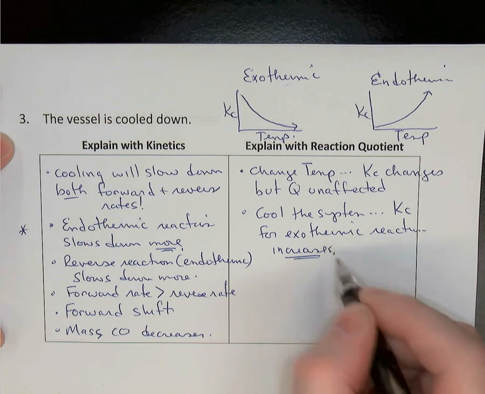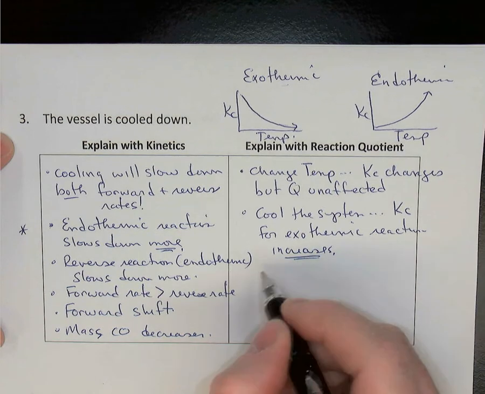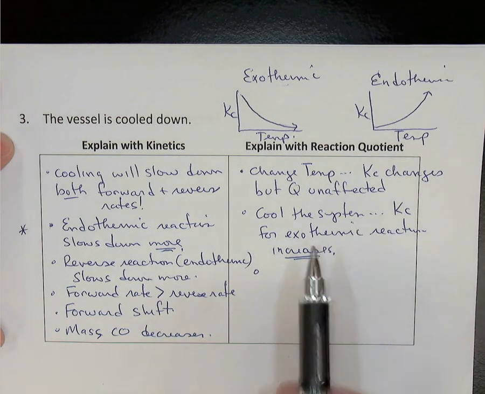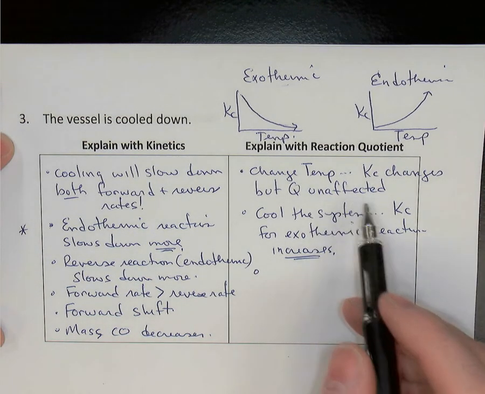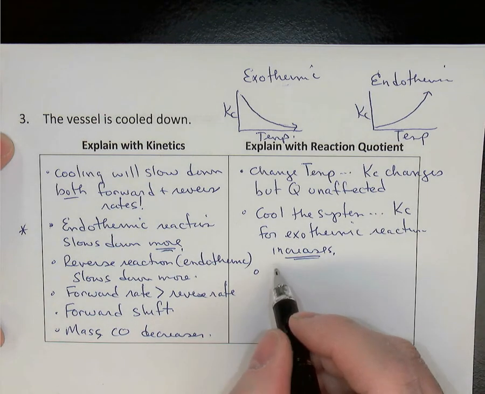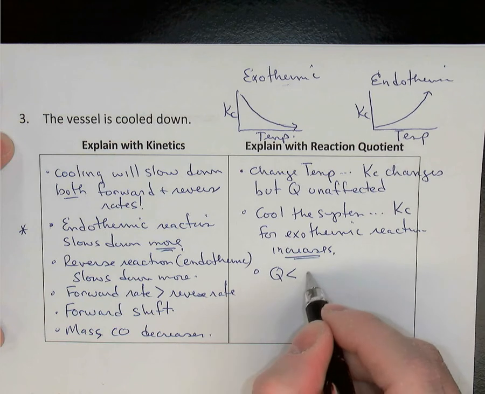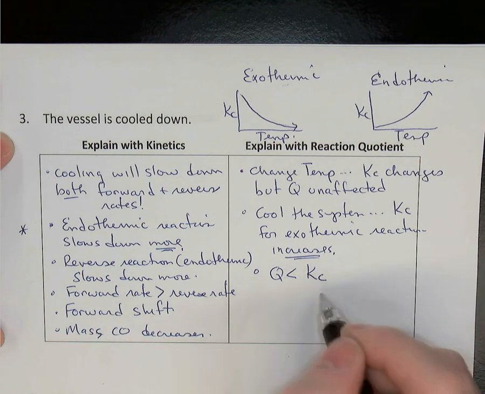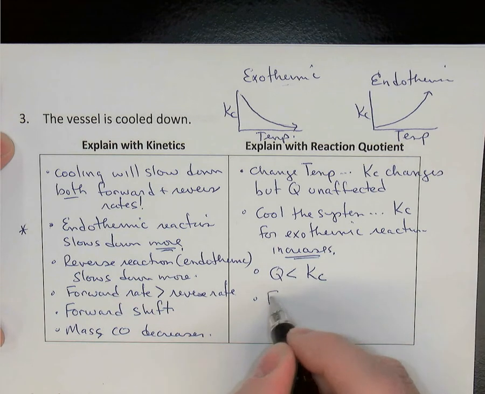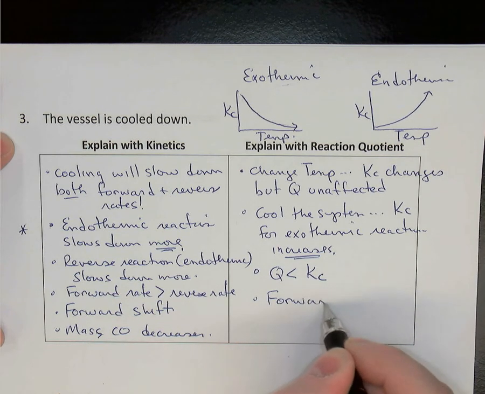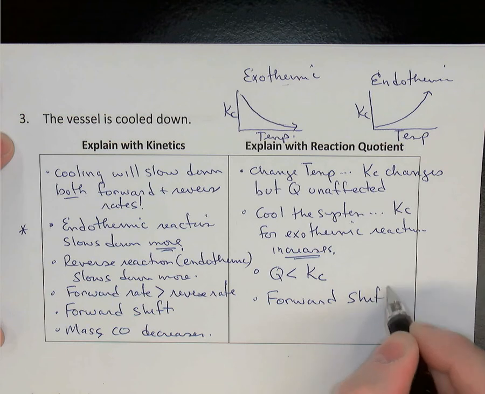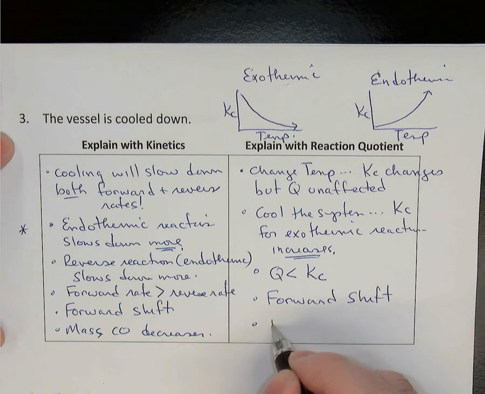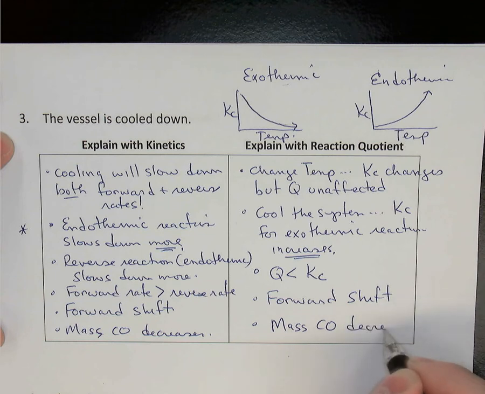The Kc increases for an exothermic reaction. So Kc is getting bigger, but Q did not change. So if Kc gets bigger and Q does not change, Q is going to end up being less than Kc. Right? The Kc got bigger, so Q is less than Kc. That leads to a forward shift. And just like we've seen before, the mass of the carbon monoxide decreases.